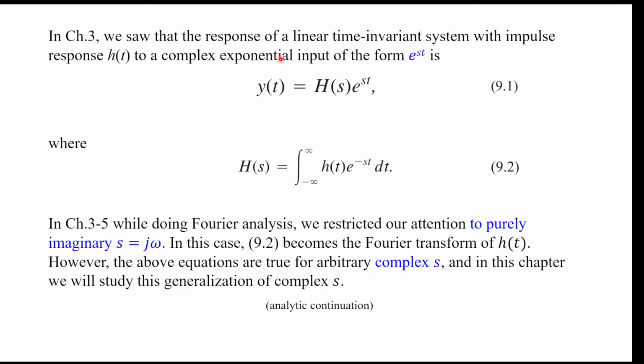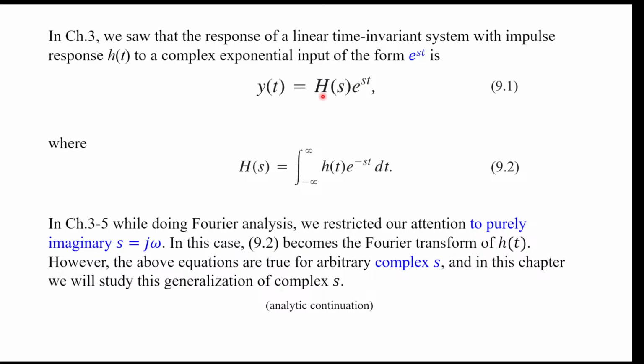In chapter 3 we wanted to investigate the response of an LTI system, and we said that e to the st is an eigenfunction of any LTI system, with the eigenvalue H of s.